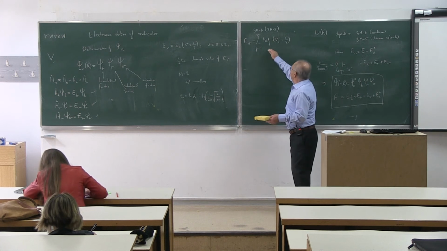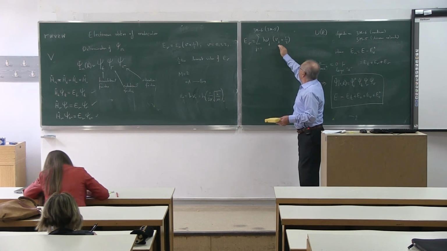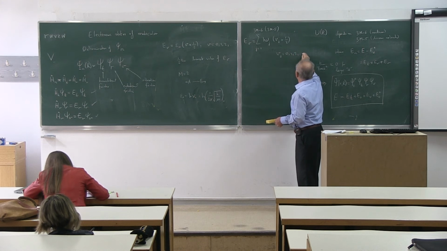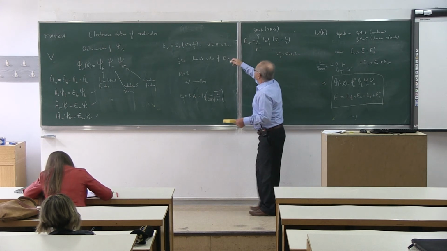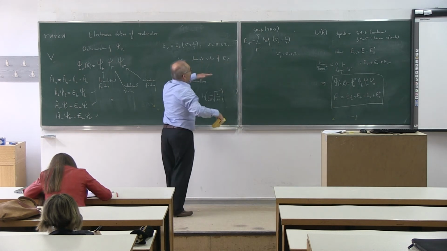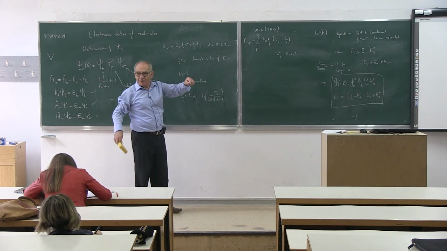Okay, the lowest value here, each v_j takes 0, 1, 2, and notice we have labeled different vibrational frequencies with the subscript j.